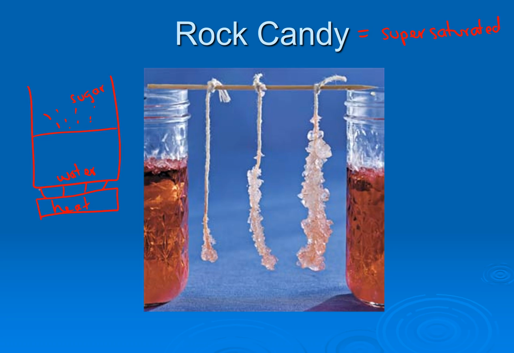When that happens, and you let it all cool down and let this rock candy sit for a couple of days, you actually form crystals. So when something is supersaturated, we heat it up, we dissolve more, and then eventually crystals are going to form, which, like I said, is super delicious and yummy.